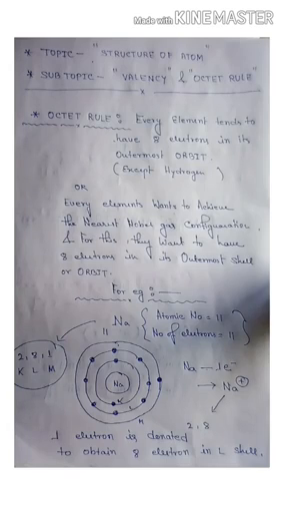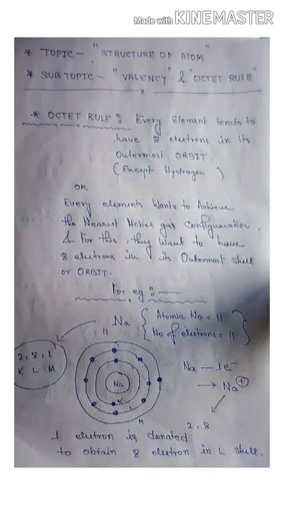octet rule. Look, we have 118 elements in periodic table, 92 of which are naturally occurring and the rest are man-made. Out of these 118 elements, every element tends to have 8 electrons in its outermost shell or outermost orbit except hydrogen.